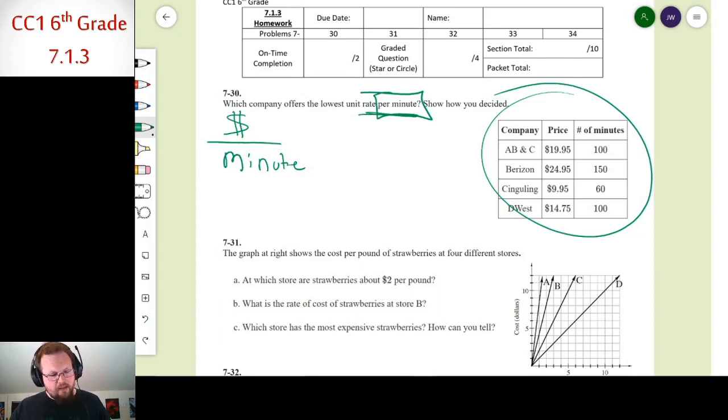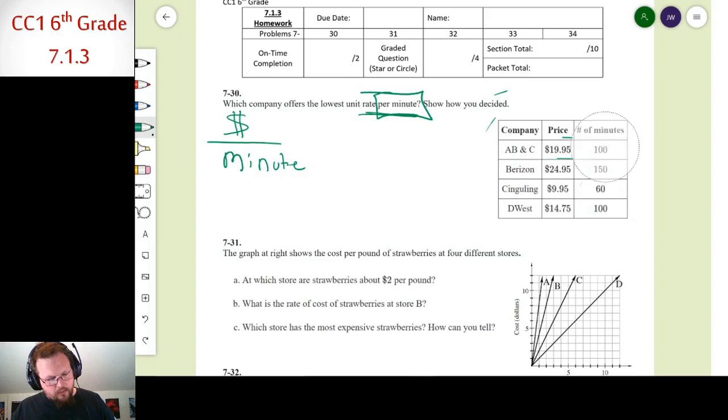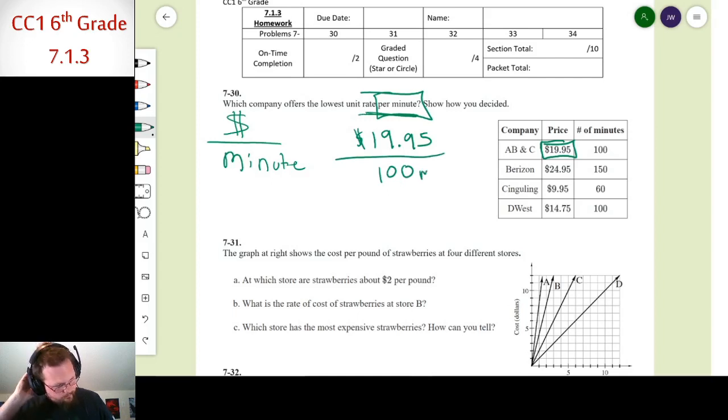If you wanted to find this first company, A, B, and C, or Verizon, no copyright infringement there. If you wanted to find A, B, and C, you will take their price of $19.95, divide that by the 100 minutes, and you will keep the decimals.